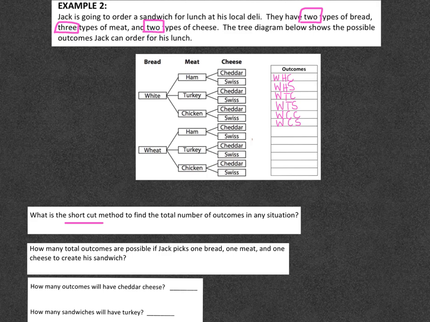It's just simply multiplying them all together. 2 times 3 times 2. And that is going to be 12. The next question says how many total outcomes are possible if he picks 1 bread, 1 meat, and 1 cheese. And basically that's the same thing. After you multiply, the answer you get is just 12.